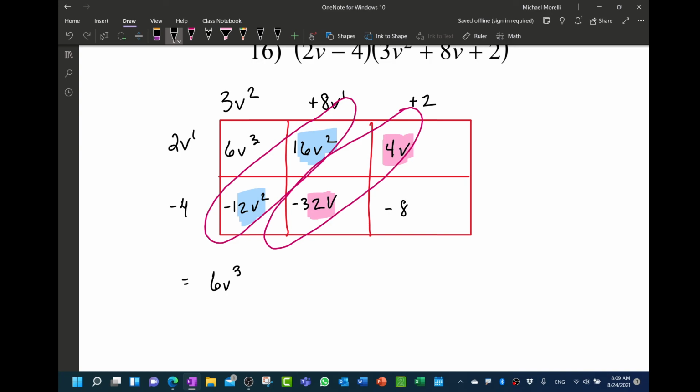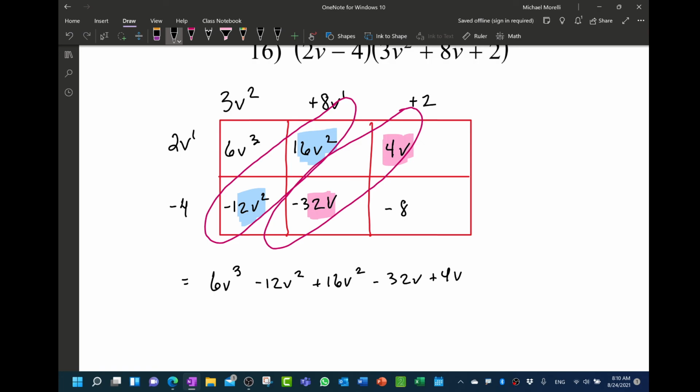Minus 12v squared plus 16v squared minus 32v plus 4v minus 8. We've written it all out. And we already know that we are going to combine these terms. And we already know that we're going to combine these terms.